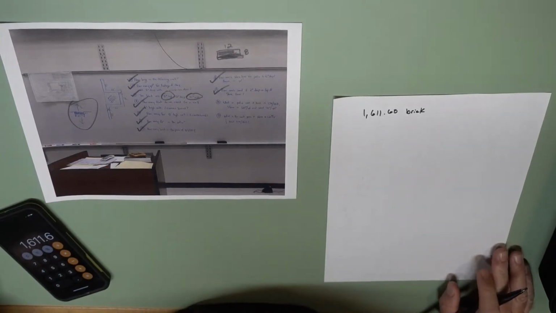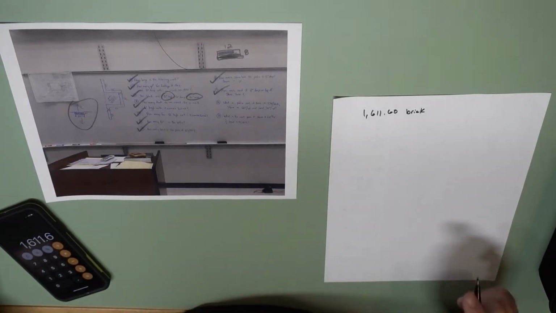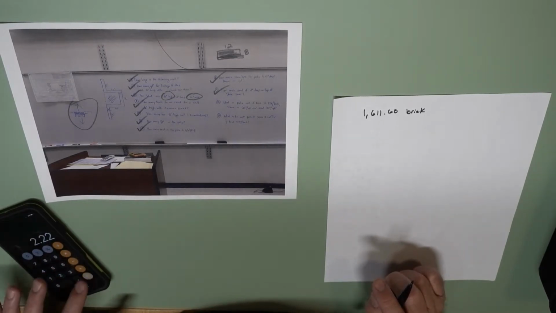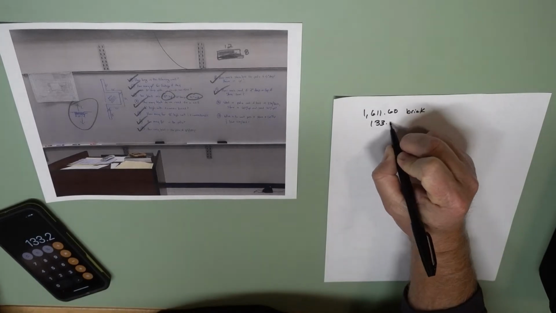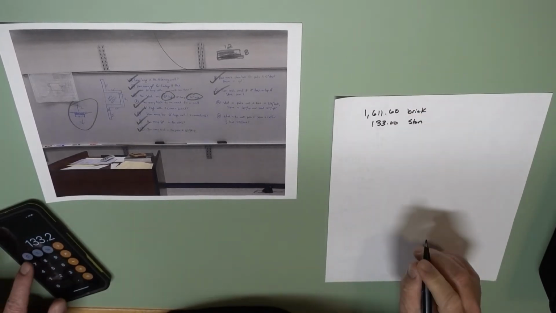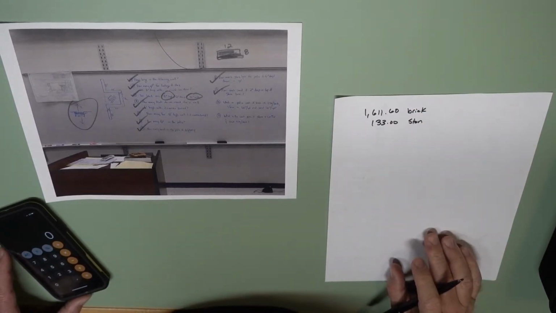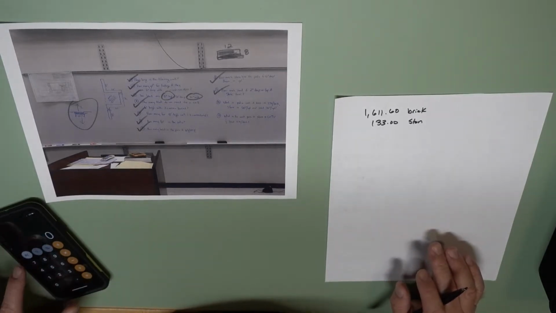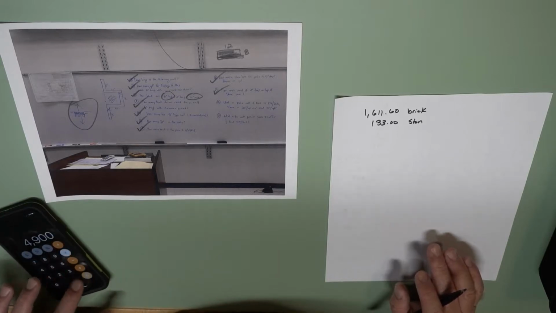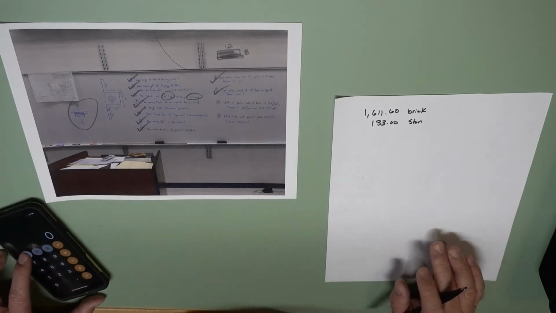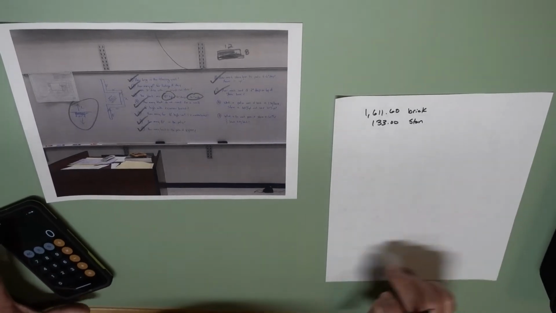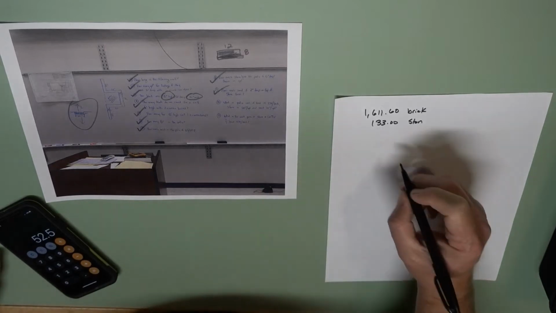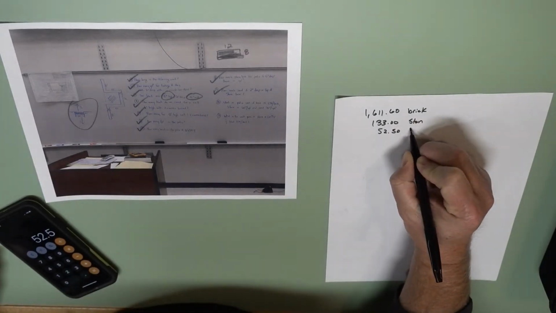We got $60 per yard for the stone, and we've got 60 times 2.22. So we're looking at about $133 for stone. We got $70 times 0.75. Need my construction calculator. 70 times 0.75. It's about $52.50 in sand.